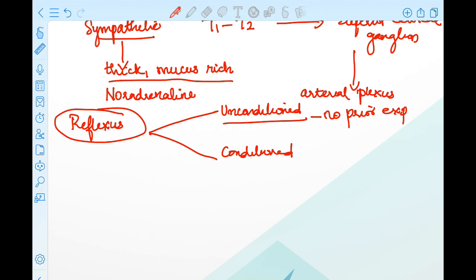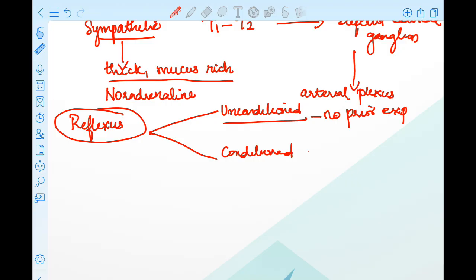That is an example of an unconditioned reflex because the patient might not have taken an impression earlier, so it was for the first time. Or when you place food in the mouth, for example, when you're trying a new dish for the first time, that is also an example of an unconditioned reflex.